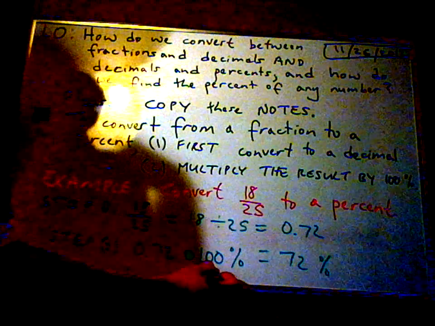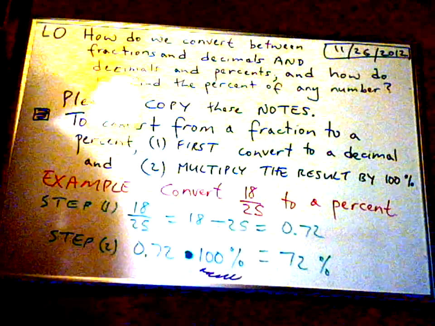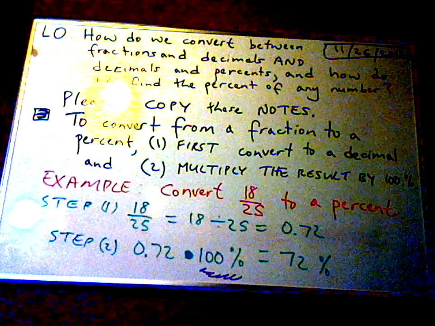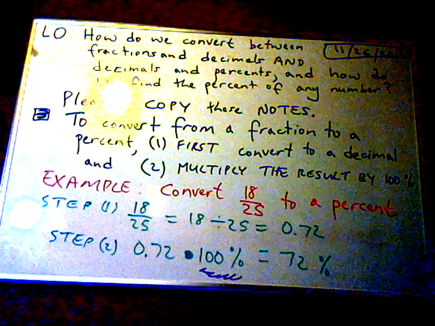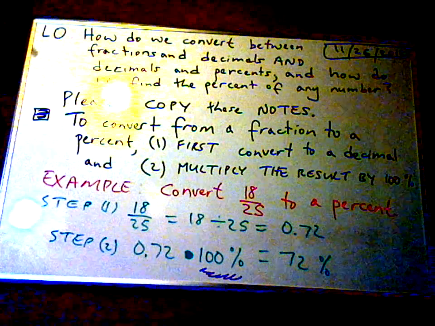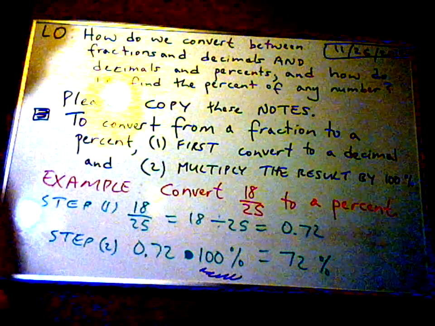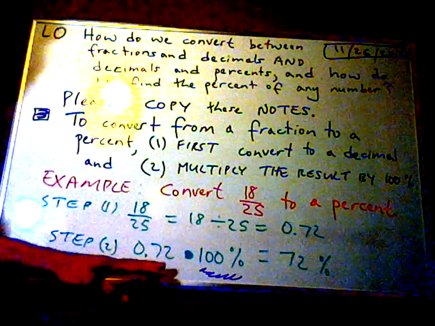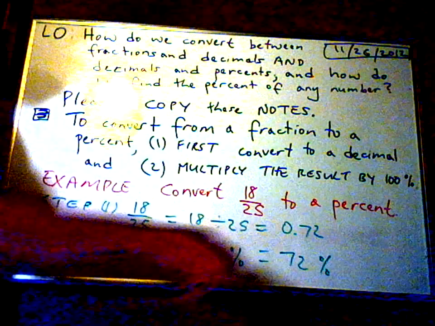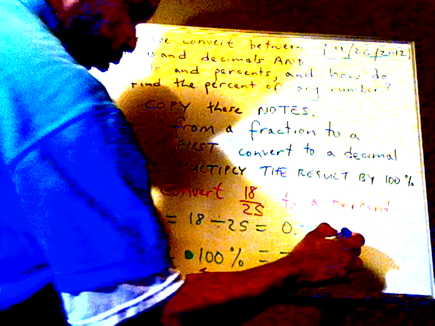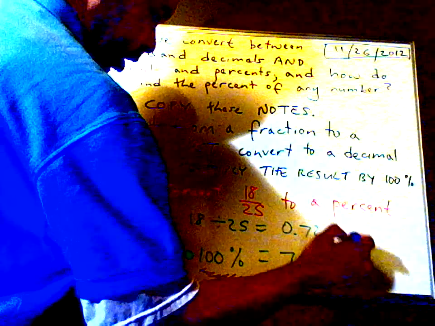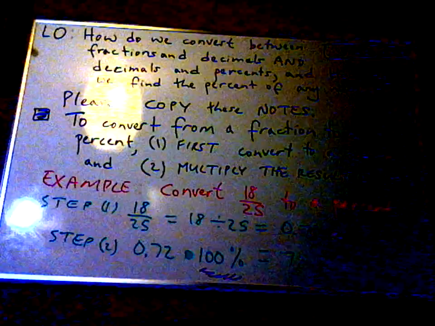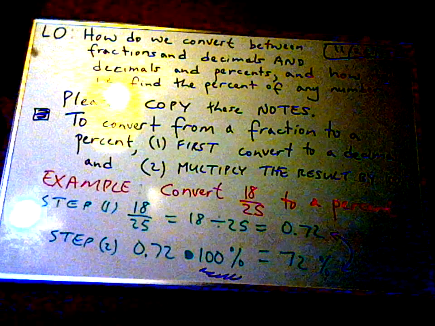If I'm multiplying by 100%, why doesn't the value change? The thing in step one, 0.72, is actually equal to 72%.